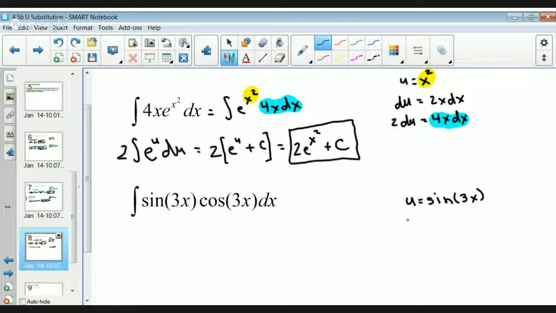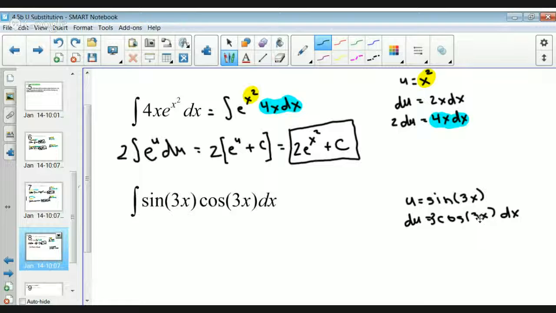So if we let u be sine of 3x, then du is going to be cosine of 3x dx. And I'm also missing a what? Hopefully you said a 3, right? Chain rule, so differentiate the mom, which would be cosine, hold the baby, 3x.